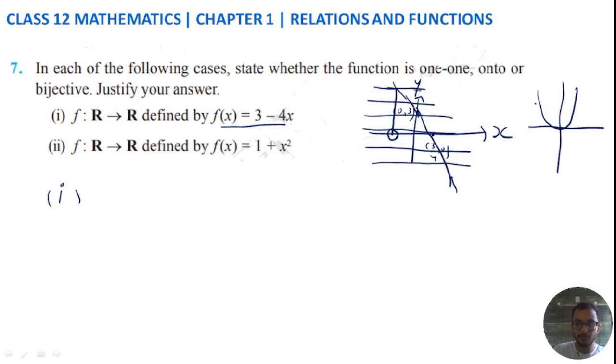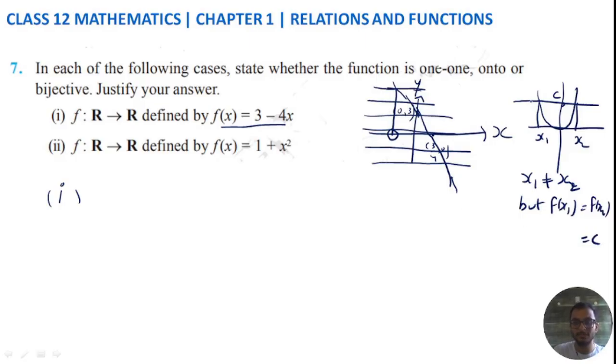So here, if I take a horizontal line like this, there are 2 points for which I am getting y equals this point. Suppose this is some c, and suppose this is x1, this is x2. So x1 not equal to x2, but f of x1 equals f of x2 equals c. So this shows that this will not be 1-1.